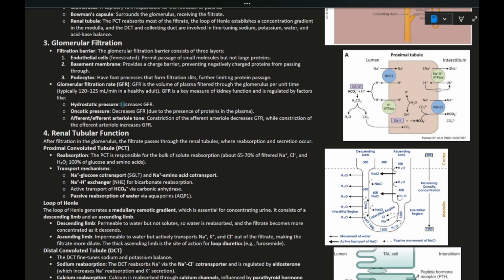Such pressure is known to increase the filtration rate in the glomerulus. The next type of factor is the oncotic pressure. This happens to decrease the glomerular filtration rate.